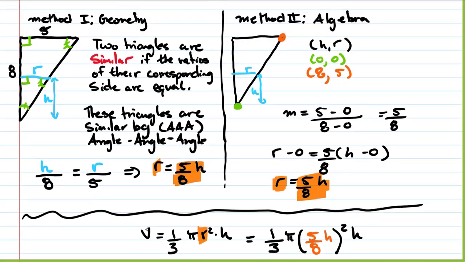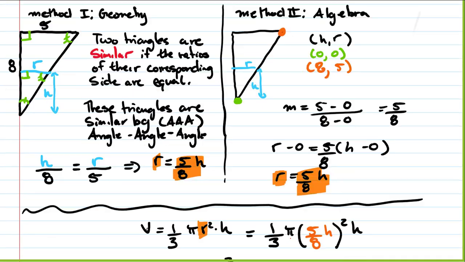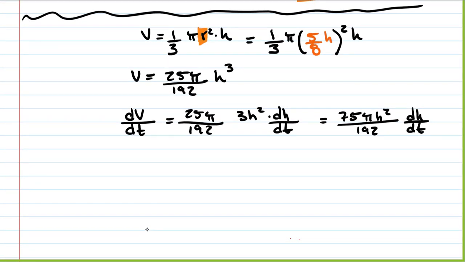So now, we've been doing this for so long I almost forgot. What is it we're trying to find? We want dh/dt, and what is it we know? dV/dt. Perfect. Because those are the only two things in our equation. So we have dV/dt is equal to 75 pi h squared over 192 times dh/dt.